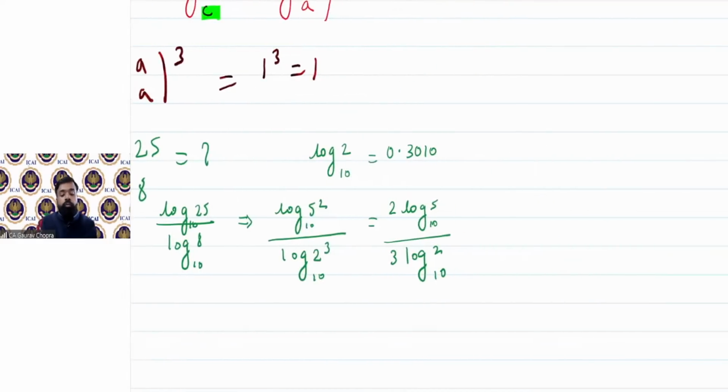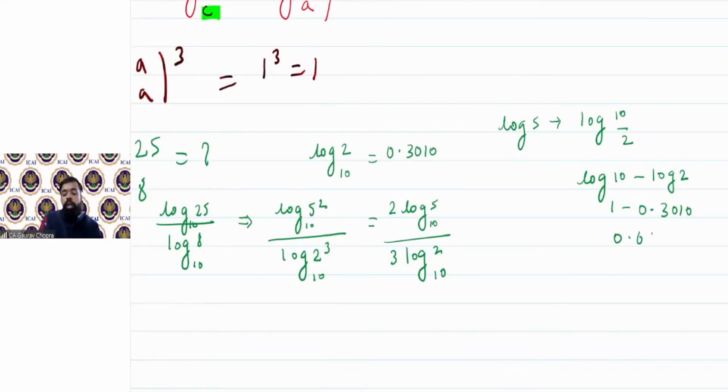Now you can find the log 5 from log 2, as we have done earlier also. Log 5 can be written as log 10 upon 2. So it will become log 10 minus log 2. Log 10 is 1 and log 2 is 0.3010. It will become 0.6990.